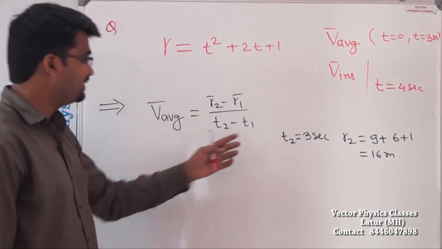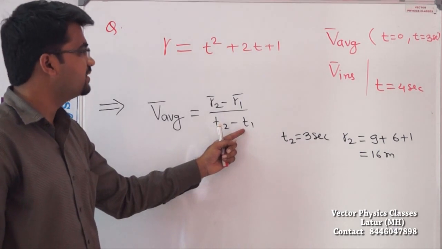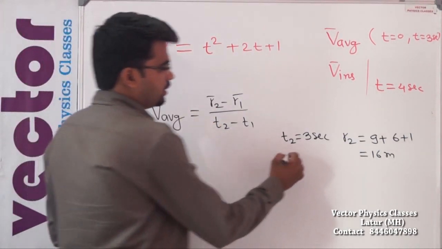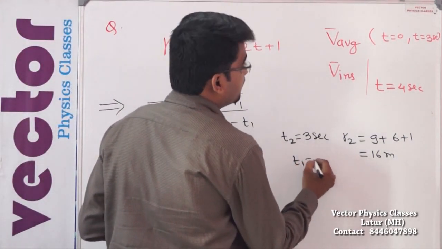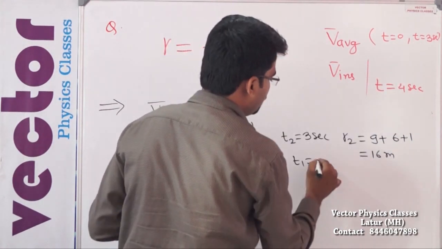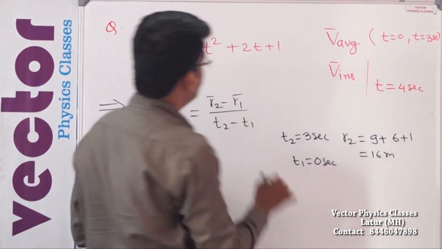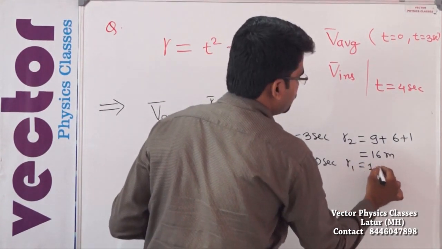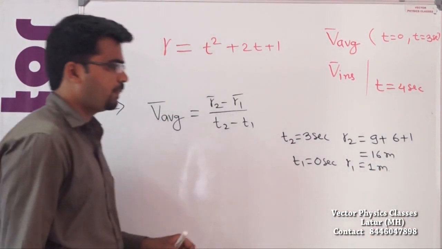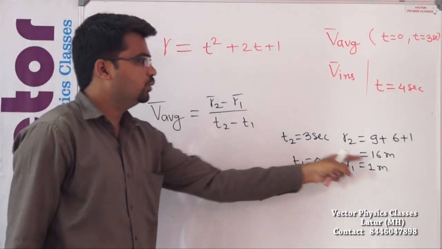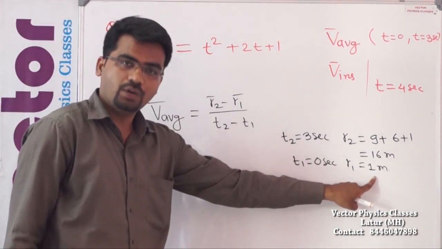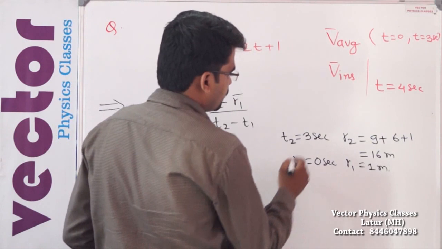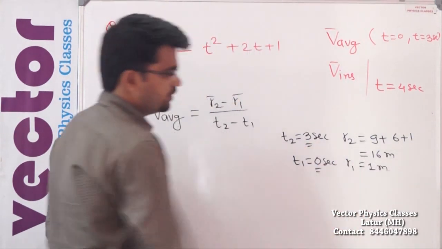Now at t1 equal to 0 seconds, the position is r1 equal to 1 meter. So r2 is 16, r1 is 1, t2 is 3 and t1 is 0.